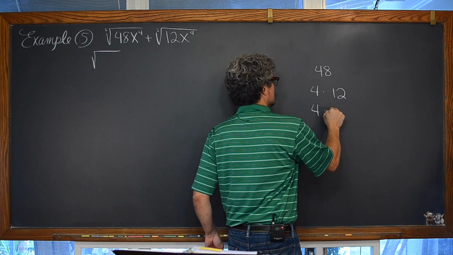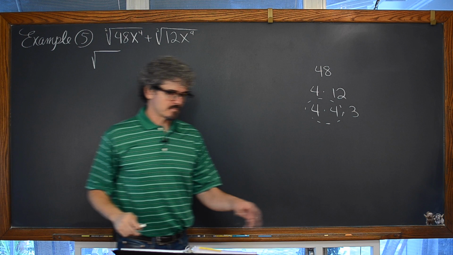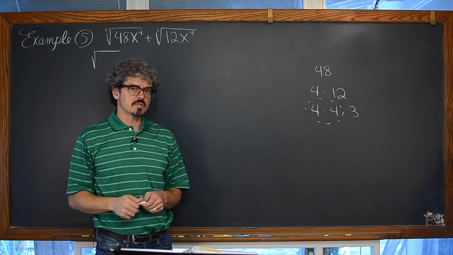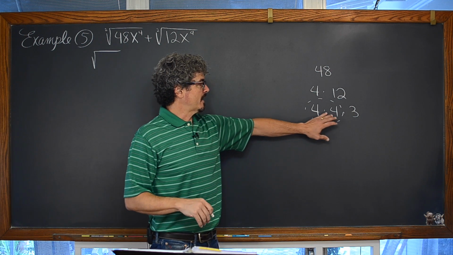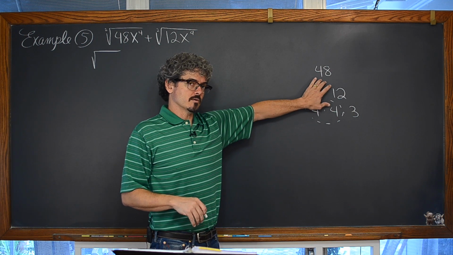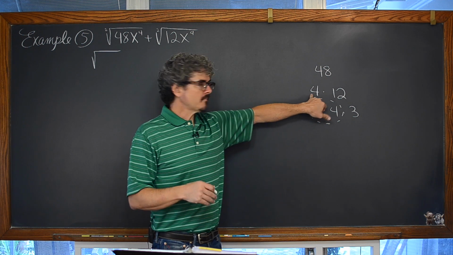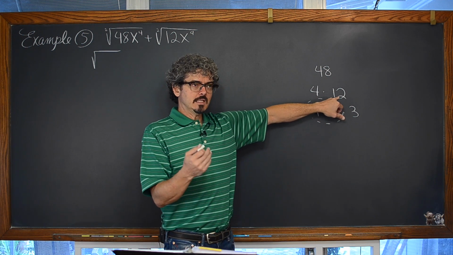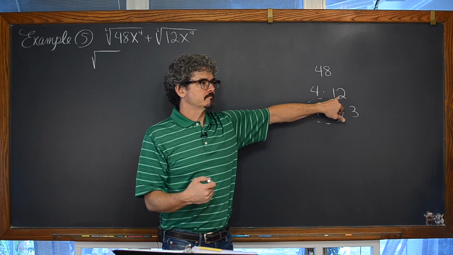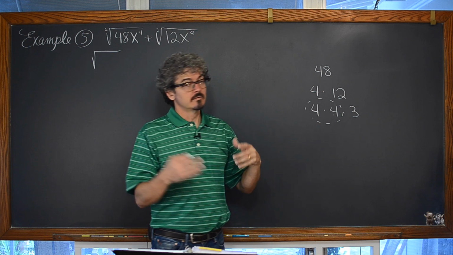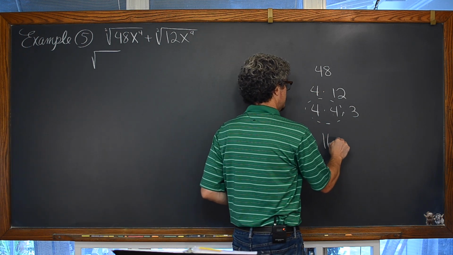So we have 4 times 4 times 3. Now, I'm not talking about some kind of prime factorization tree, which actually is not necessarily a bad idea, but I'm just running through my head what are some perfect squares which are factors of 48. And when I said 4 and thought out loud 12, I paused because 12 also has a perfect square in it as a factor, which is equal to 4, and 4 times 4 is 16.